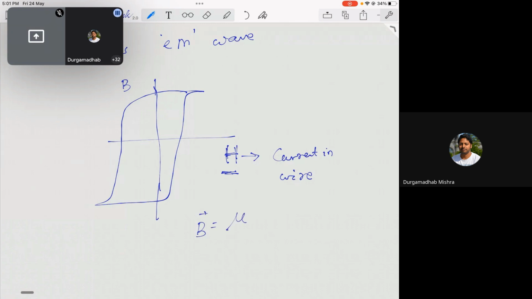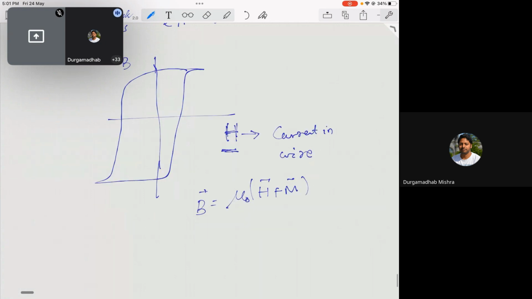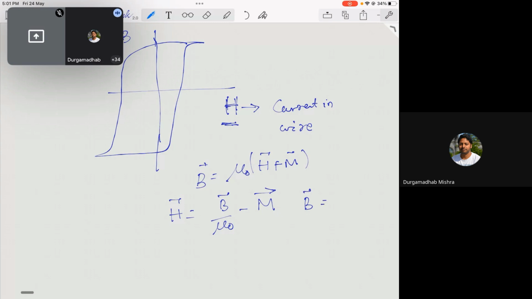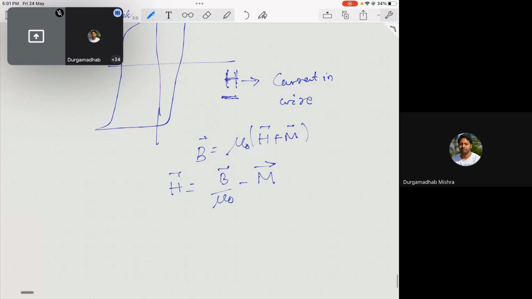As I said, B is equal to mu naught times H plus M. So we can write H, the magnetic induction, as B by mu naught minus M. If it is a linear material, in terms of susceptibility you can also write M is equal to chi into H. In that case, B is equal to mu naught H plus chi H, where chi is the magnetic susceptibility.